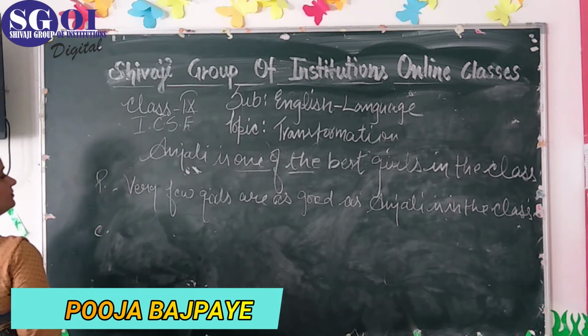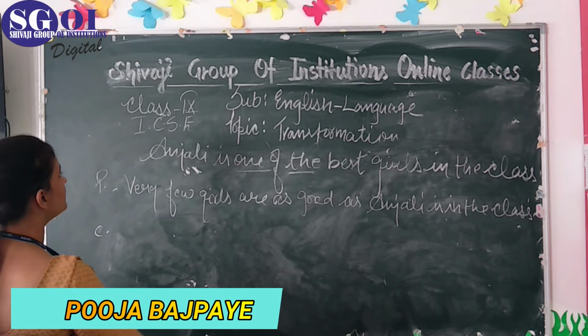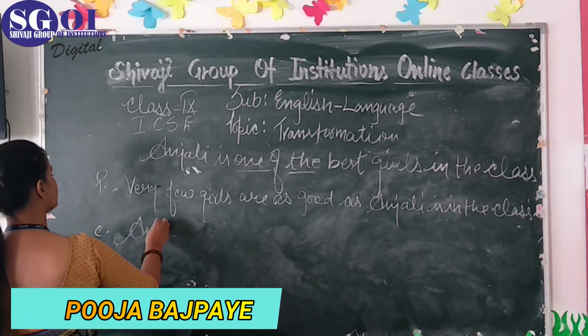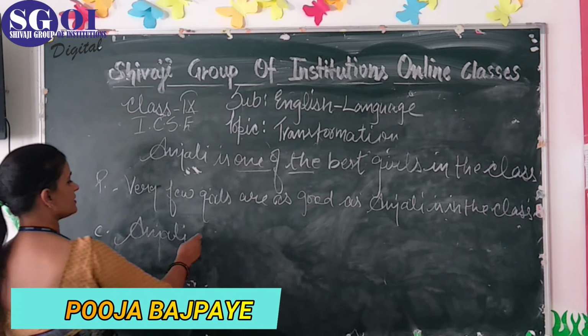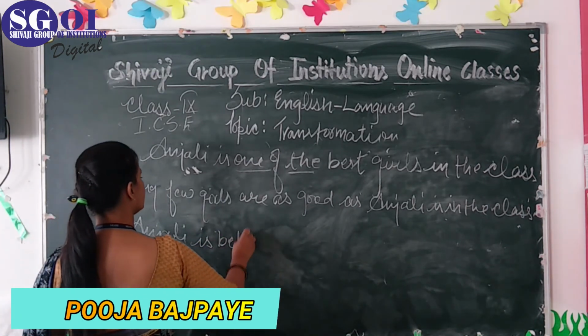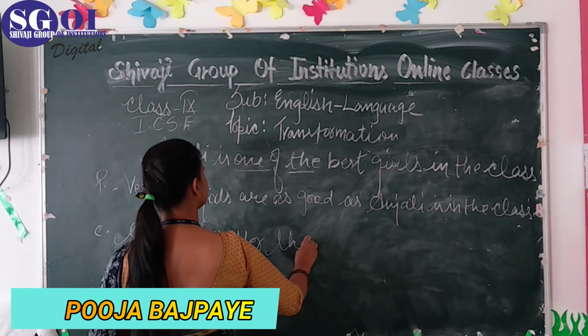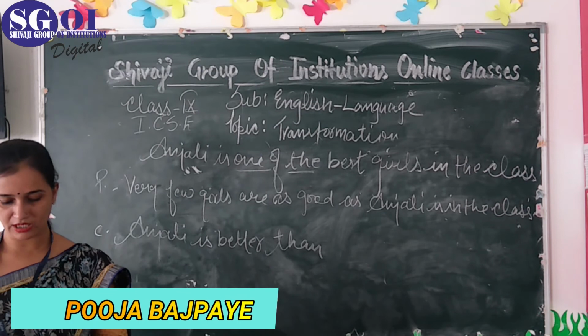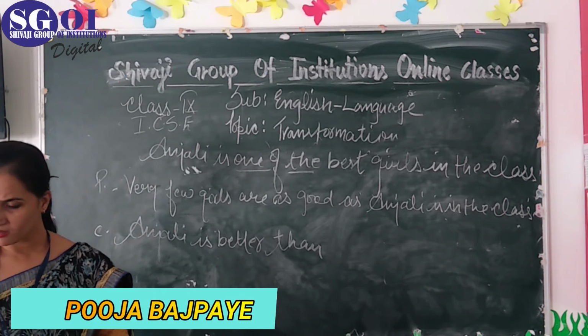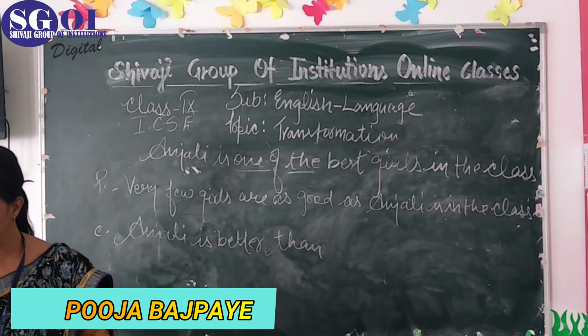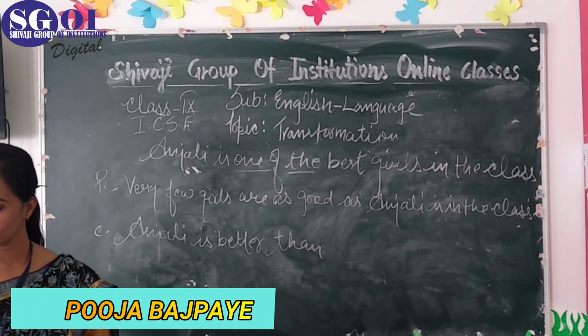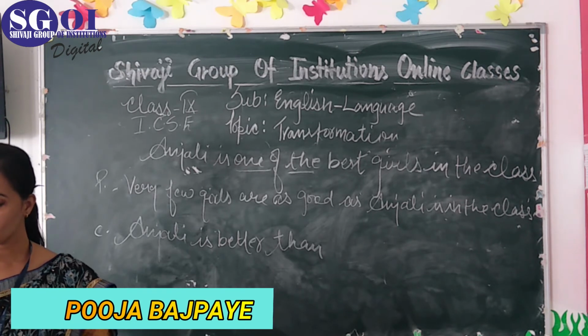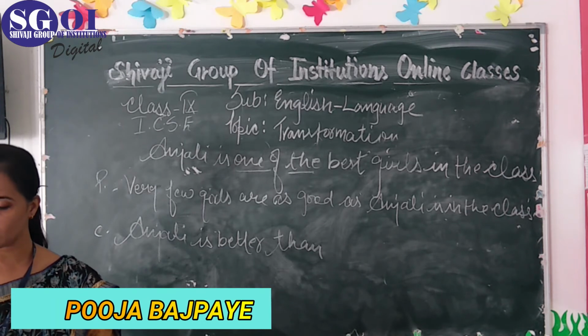Now, how will you change it into the comparative degree? Anjali is better than... the sentence is given over here, and you have to change it like this. I'm just telling you one sentence: she is one of the most beautiful girls in the class. So, she is more beautiful than most other girls in the class.